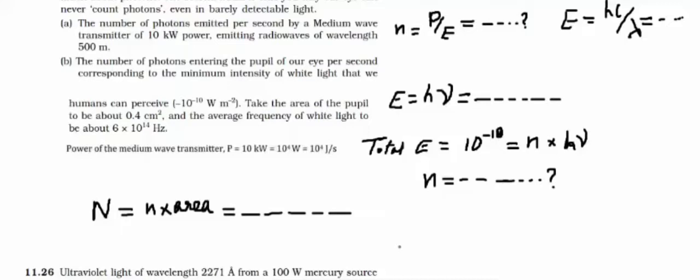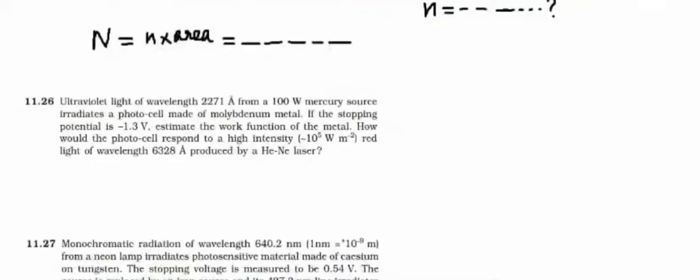Now, question 26. Ultraviolet light wavelength is given as 2271 angstrom, and the power of the mercury source is 100 watt.